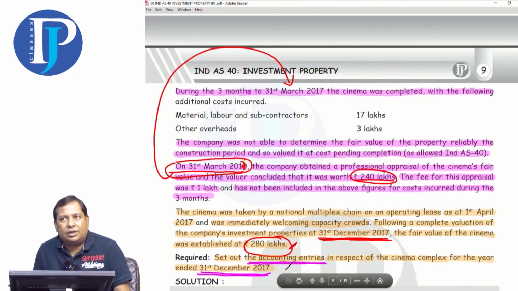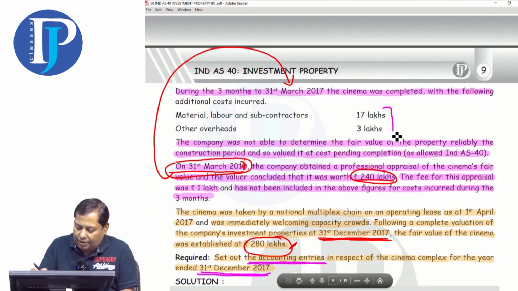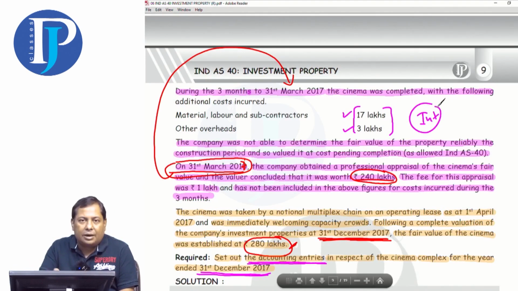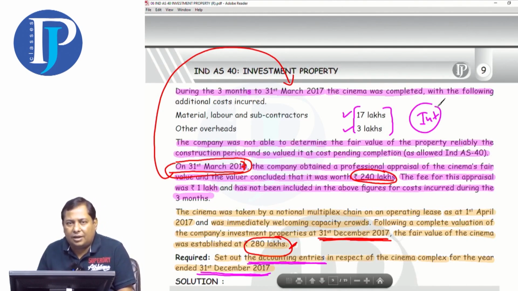It's asking for the entries for December 31st, 2017. So then these would be the entries. A material expense incurred, this is the overhead expense, and it's an interest expense. These three things need to be capitalized. Then you have to mention the total cost below. You can also tell me that the balance sheet doesn't include a fair value. It has a descriptive answer.